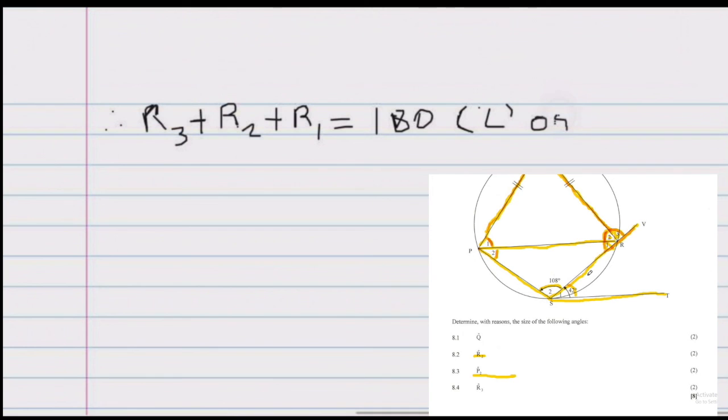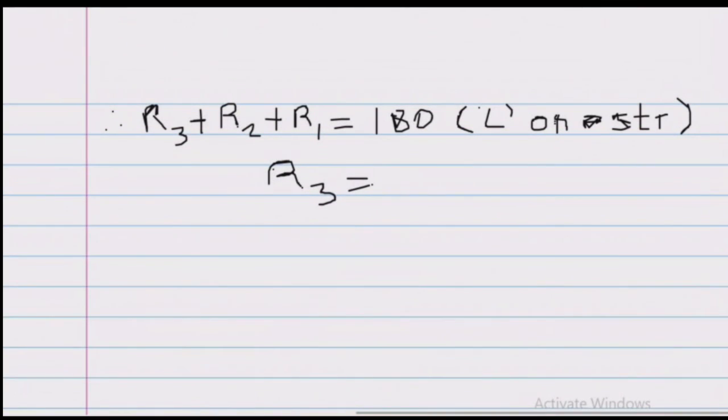Since we know the values of the other two angles, my R3 will equal 180 minus 30 minus 54, which will give me 96 degrees. There you go.